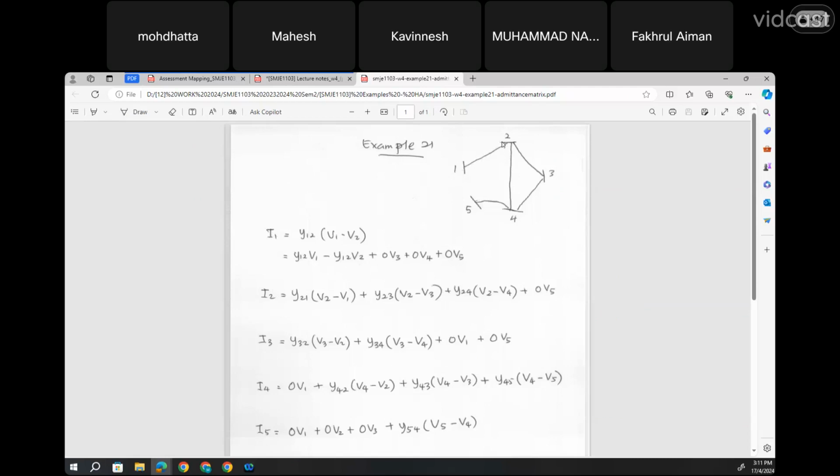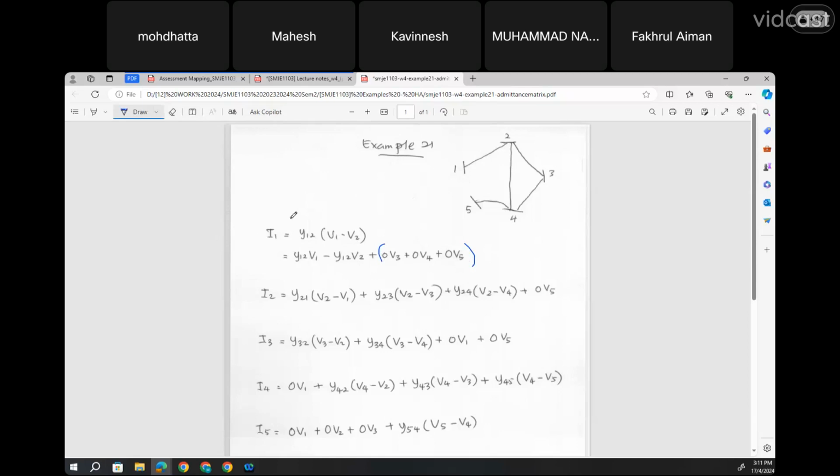So this transmission line admittance is Y12 times V1 minus V2. There is no other connection, so I stop there, and I add the other voltage expressions over here as well, so that later when I put it into my matrix, it's easier for me to check whether this is the correct way to do it.